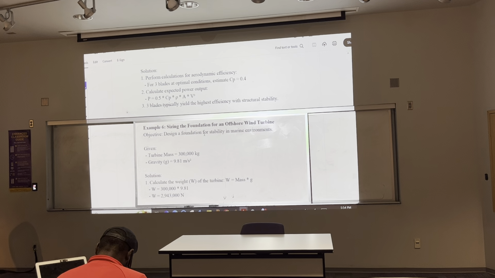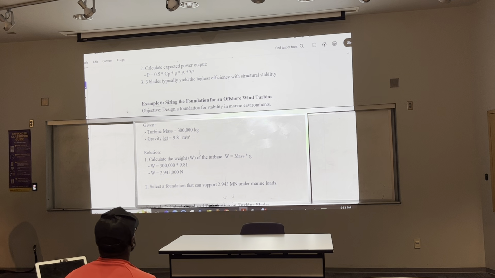Design a foundation for stability in marine environment for a turbine, given turbine mass 300 kilogram and gravity 9.81 or 10. If you need it, you can assume it. 10 or 9.81, the sea level is 10.